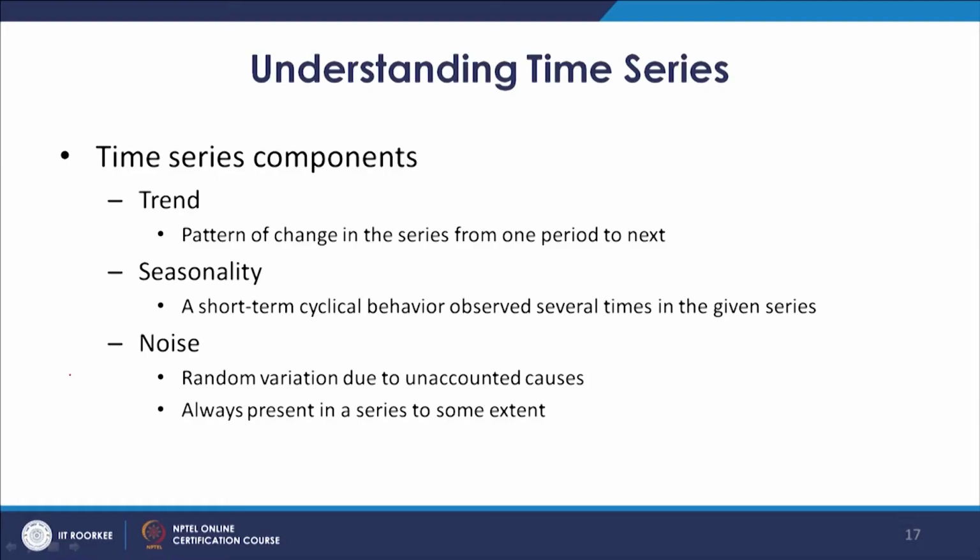If we look at the second component, trend, this is more important. This trend tells us how the values are changing in the series from one period to the next. So, capturing the pattern of that change, how the values are changing from one period to the next, that is defined as trend. As you can see in the slide, trend is the pattern of change in the series from one period to the next.